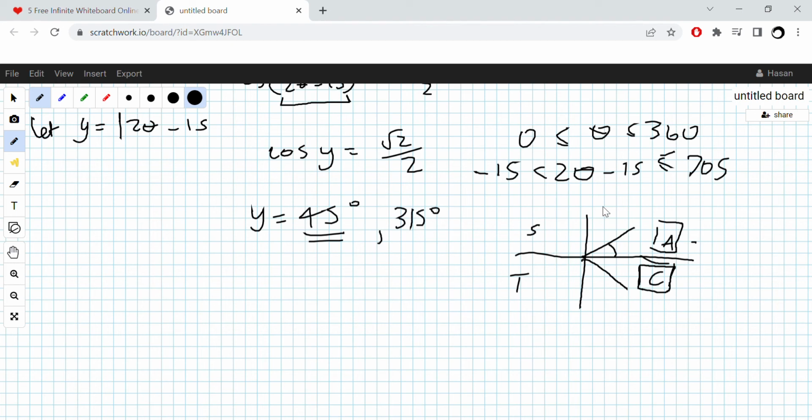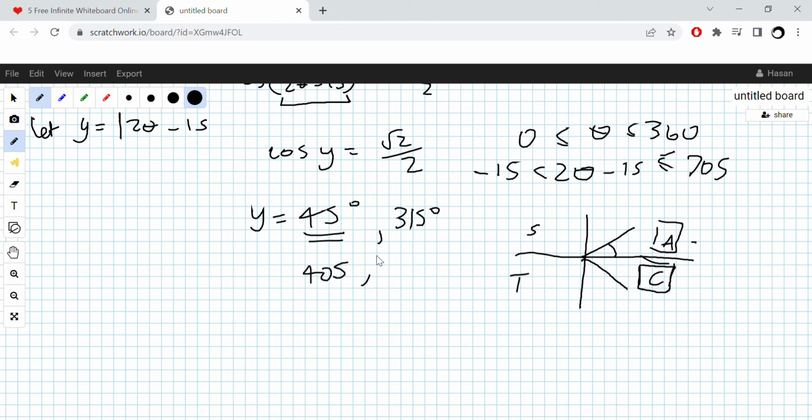Now, because our region goes to 705, you'd go around again. 45 degrees is here, so when you go around once again, you add 360. So 360 add 45 equals 405 degrees.